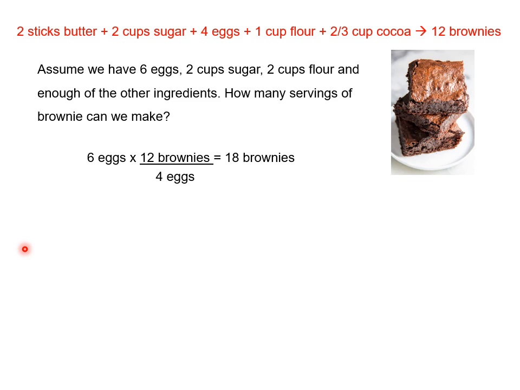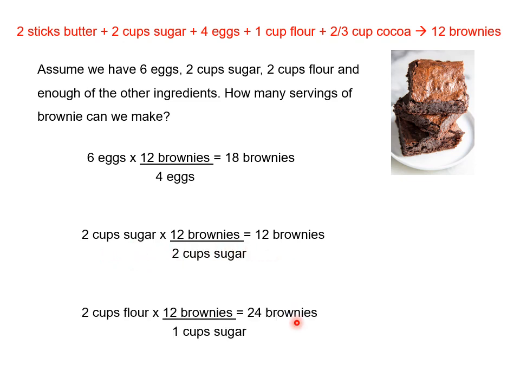Now let's look at our cups of sugar. We have 2 cups of sugar. For every 12 brownies, we need 2 cups of sugar, so we have just enough sugar to make 12 brownies. And now let's look at the cups of flour. We have 2 cups of flour.